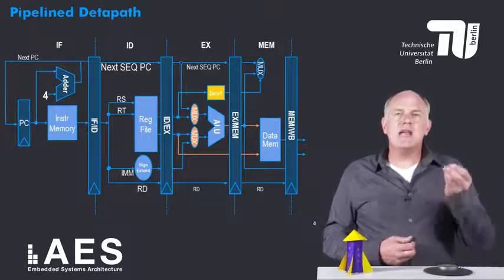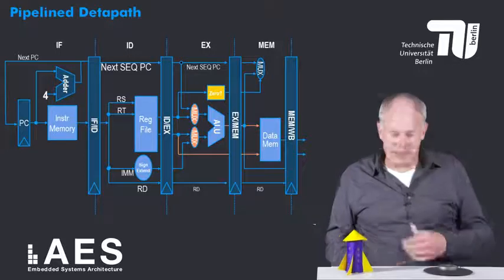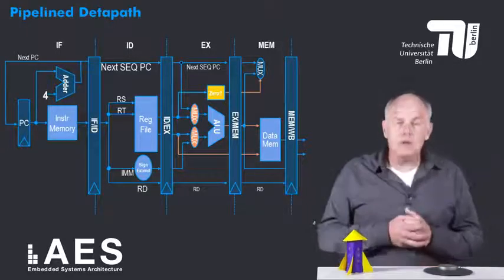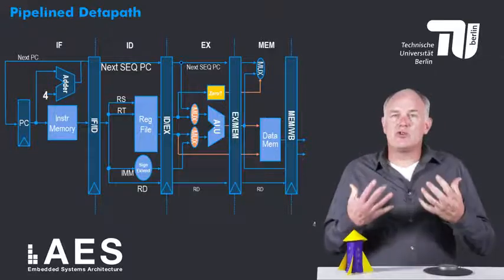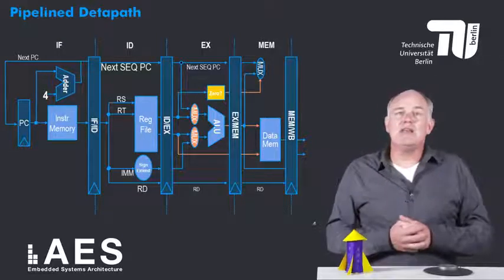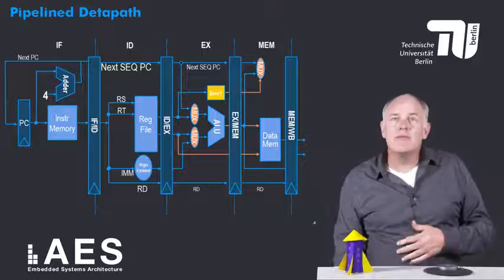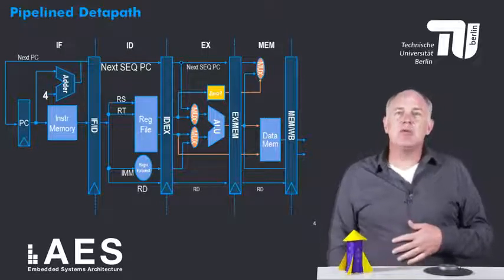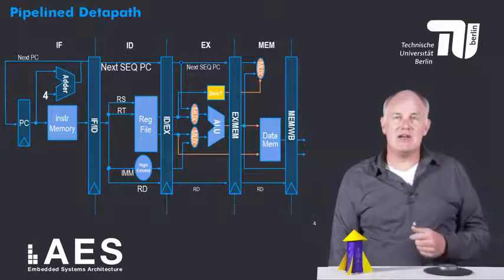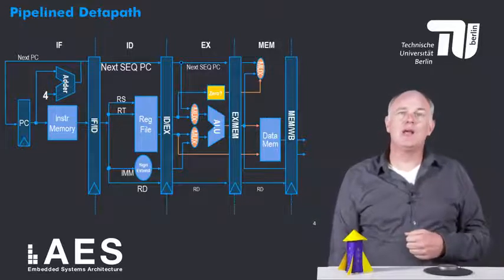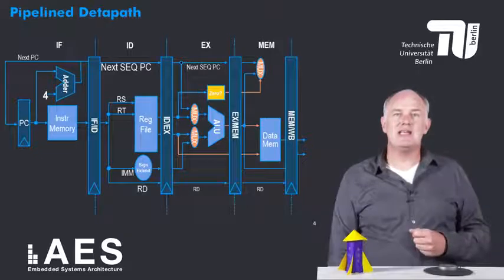To be precise, if the outcome of the 0 test in the previous cycle is true, indicating that the branch should be taken, this multiplexer does not select PC plus 4 as the next program counter, but the branch target address, which has been computed by the ALU in the previous stage.